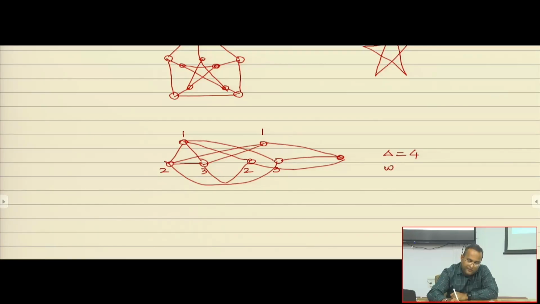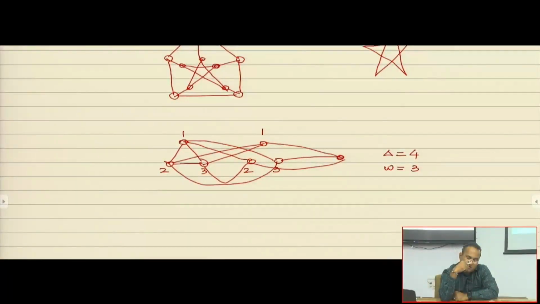Omega is 3. The chromatic number is how much? 4. Okay. Yes, great.